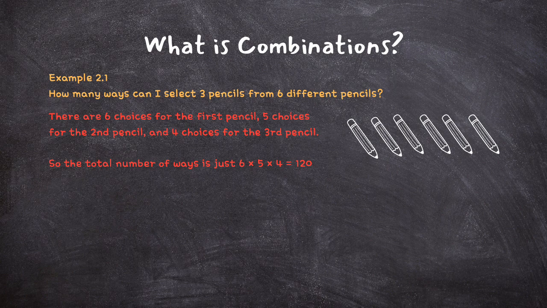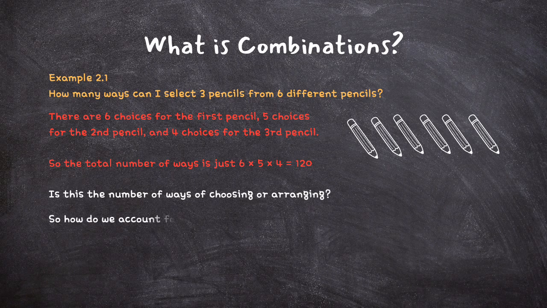But is this only the total number of ways we pick 3 pencils from 6 pencils, right? Maybe in your mind you have some questions. One is, is it the number of ways of choosing or arranging, so how do we account for this?